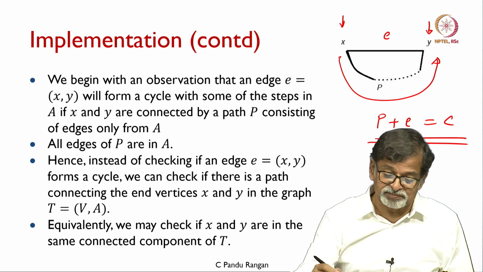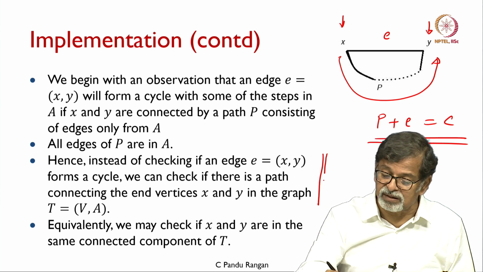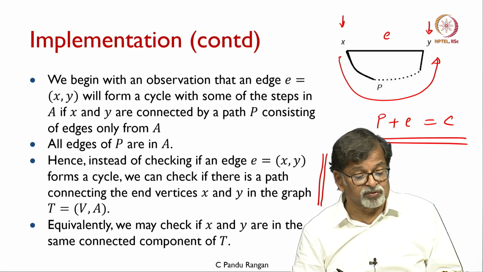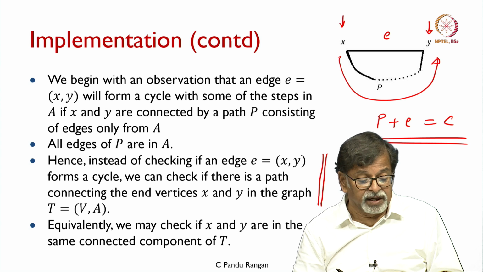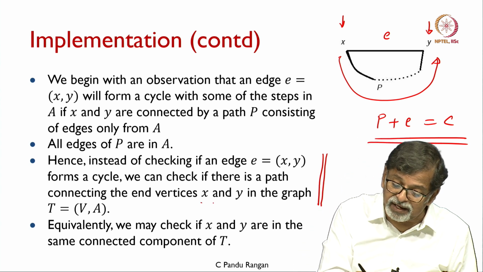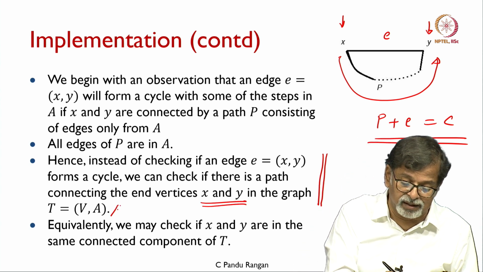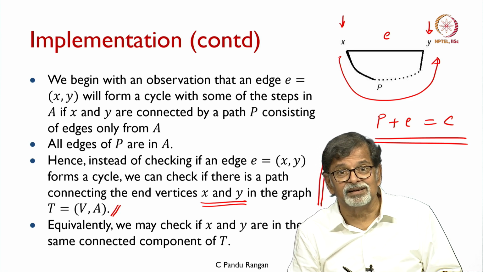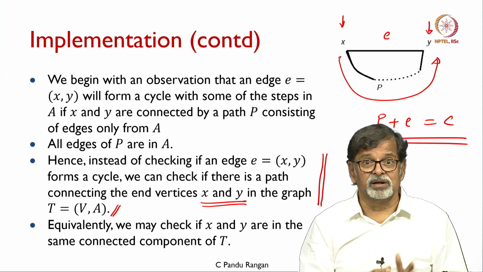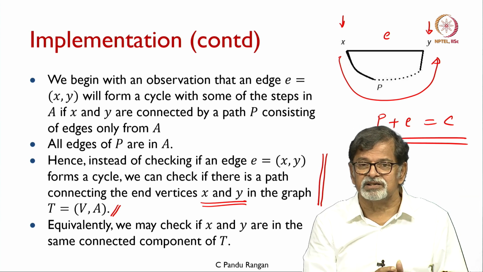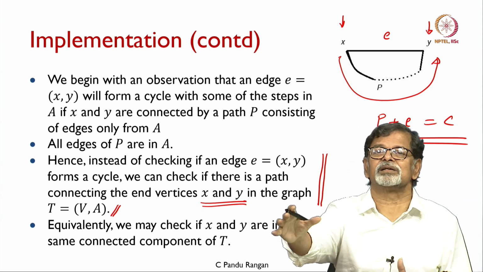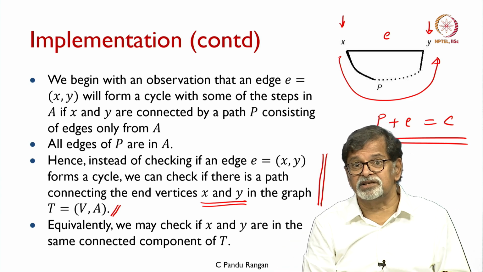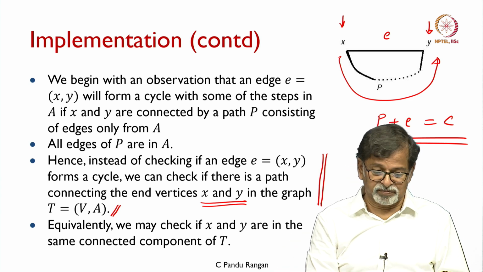Okay. So, this is the equivalent form. Instead of checking if an edge e is forming a cycle, we can check if there is a path connecting x and y in the edges that you have collected. That is, A is a dynamic set. Up to this point A has certain edges. Do we have a path connecting x and y in the edges that you have collected so far? Okay.